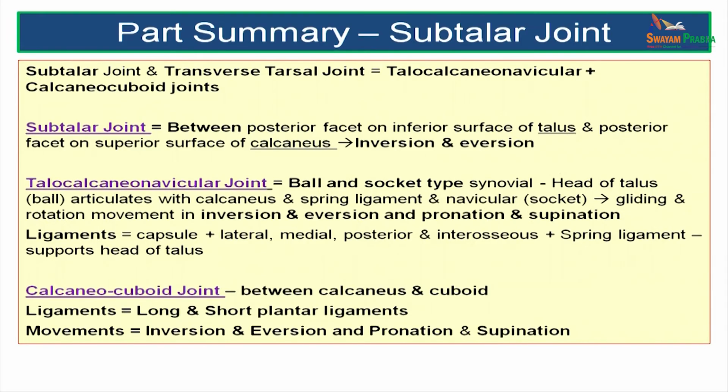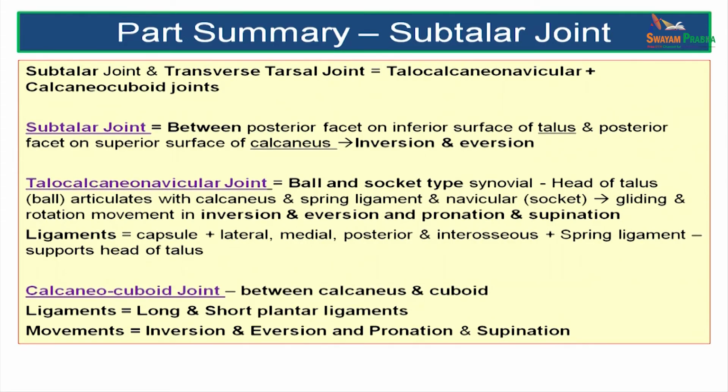The movements at these joints are inversion, eversion, pronation, supination and a slight adduction and abduction of the forefoot on the midfoot. The talocalcaneonavicular joint is a ball and socket type of joint, with the talus head being the ball and the socket formed by the navicular and calcaneal anterior facet.